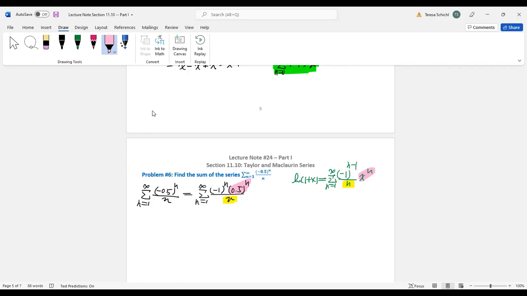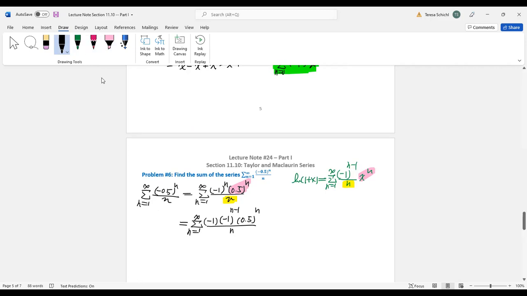The only thing off is the negative 1 versus n minus 1. So I want to use the natural log, so I would say this one here is n from 1 to infinity. I take out one negative 1, so what remains is negative 1 to the n minus 1, 0.5 to the n.